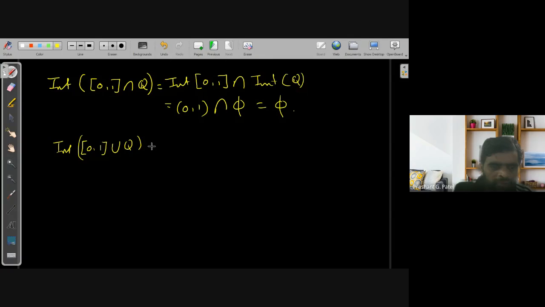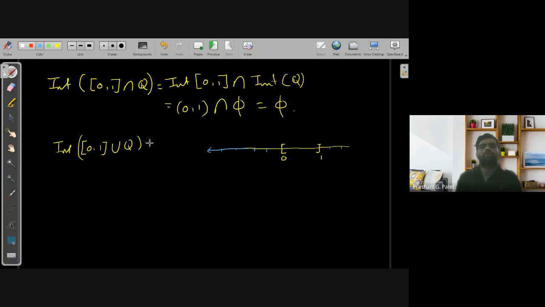What will be the answer? Just see the set. The set is closed interval 0, 1 with all the rational points outside this set. All the rational points which exist there.